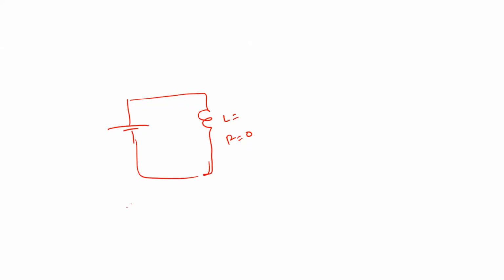So what is E? E equal to L into di by dt, right? Yes, sir. What is the rate of change of current here? Zero, because the current here is constant. So the rate of change is 0, which means the induced EMF is 0. So 0 induced EMF means what?